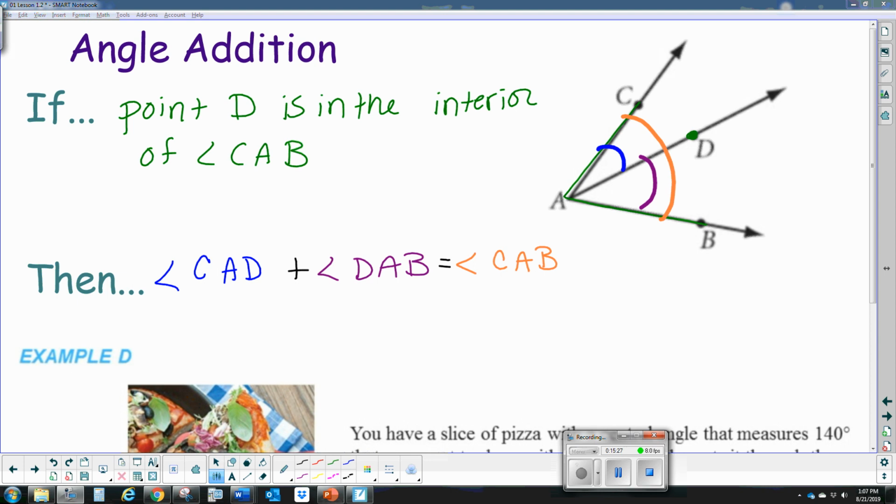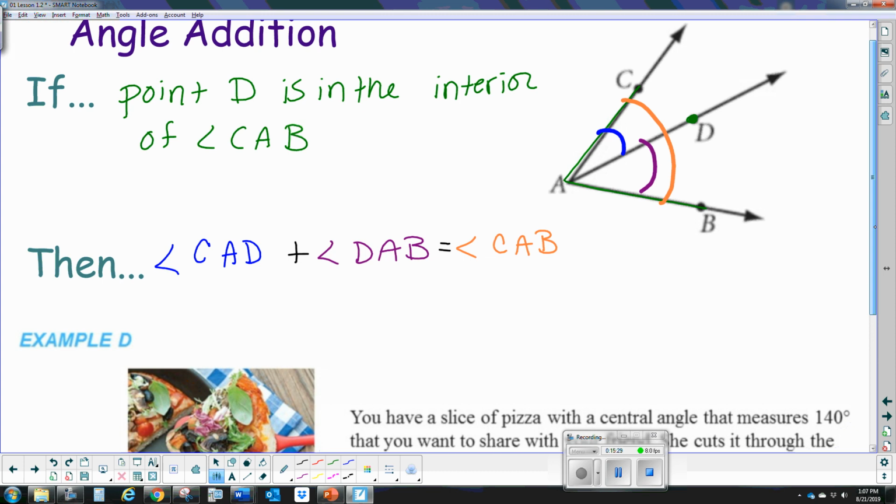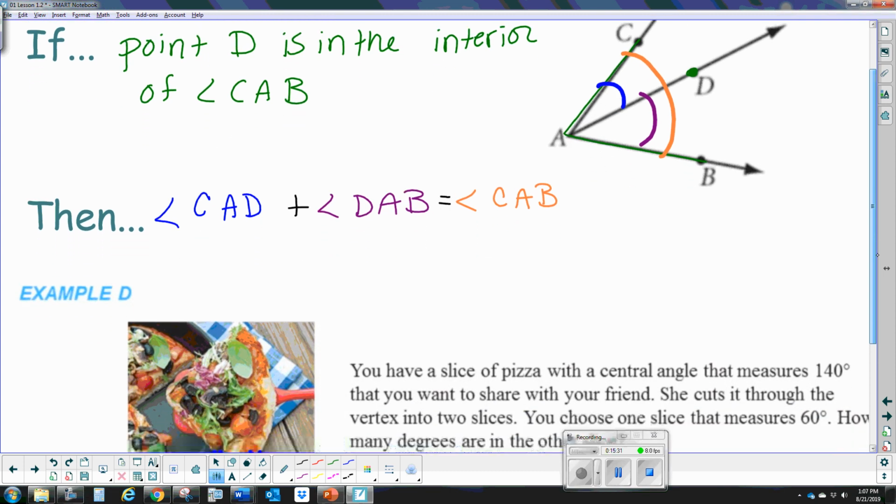So this is similar to the segment addition that we worked with last lesson, but now we're looking at pieces of an angle.